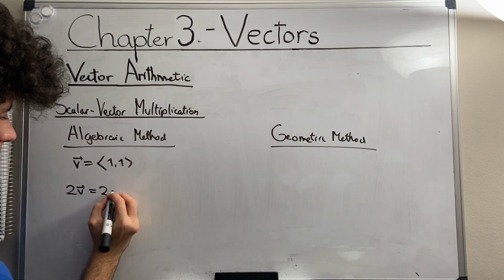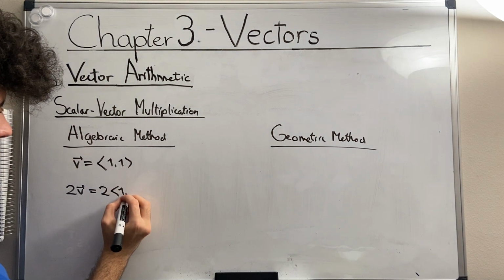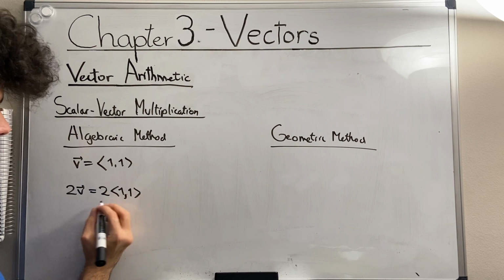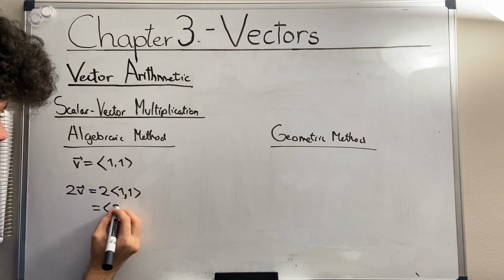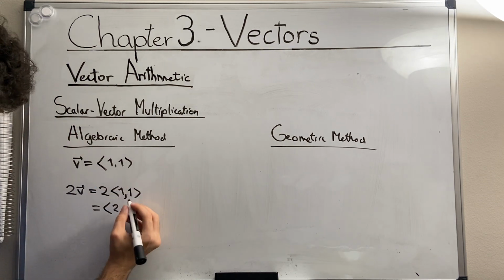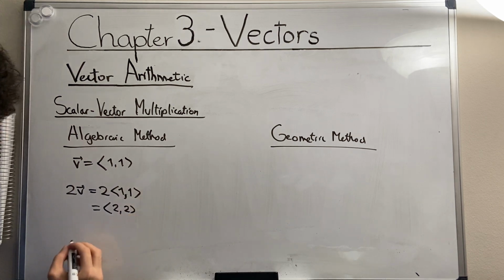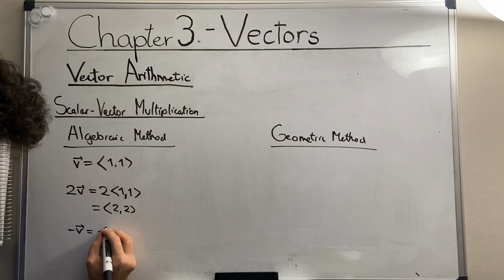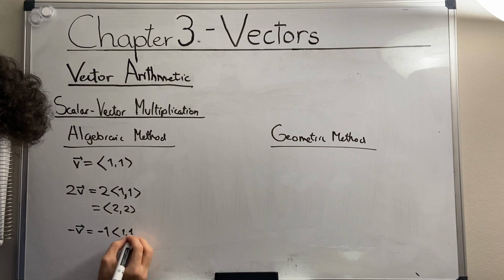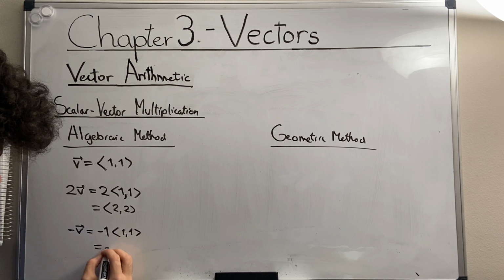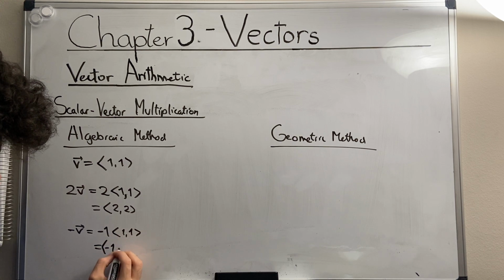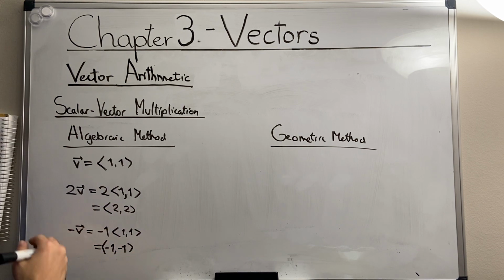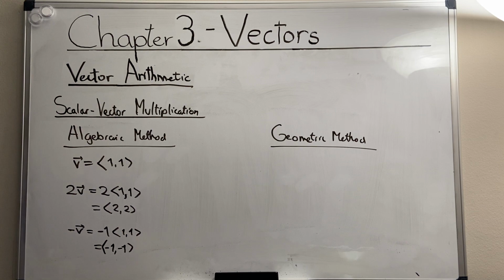We can basically write that like this, 2, comma, 2, and then literally distribute the 2 on each component. And if we did that with a negative, we'd end up with this. Negative 1 times 1, 1 is equal to negative 1, negative 1. We distribute the negative 1 over each component.